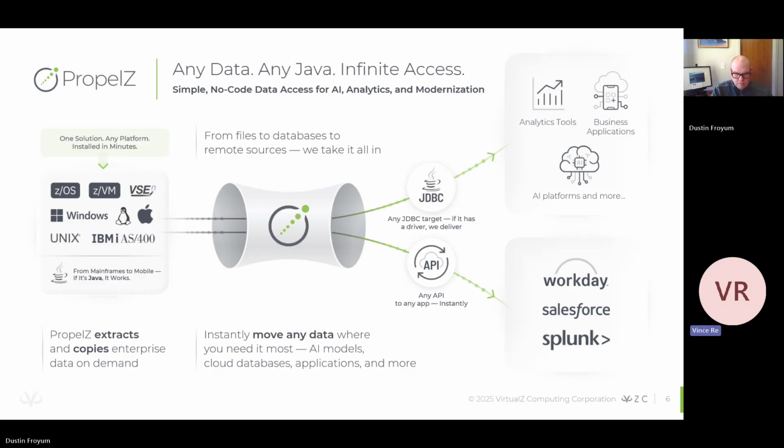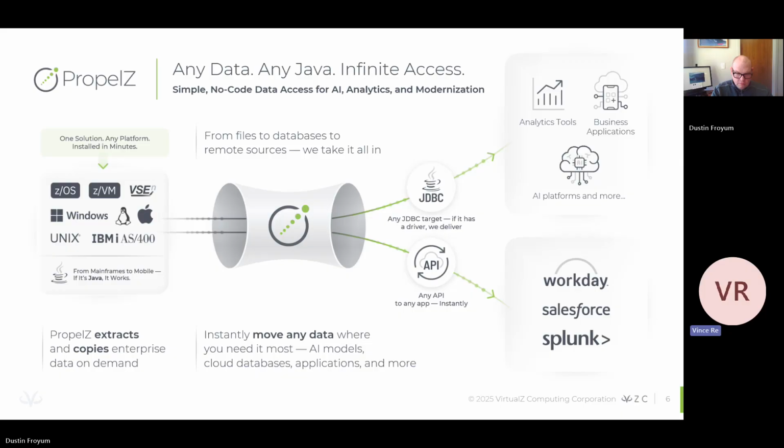And we use JDBC to talk to the database. There's pretty much any database that has a JDBC driver, which is probably 100 of them, can be the target there. And we'll take that data that started out as this convoluted BSAM file record, and we'll push it as rows and columns into whatever target you like.